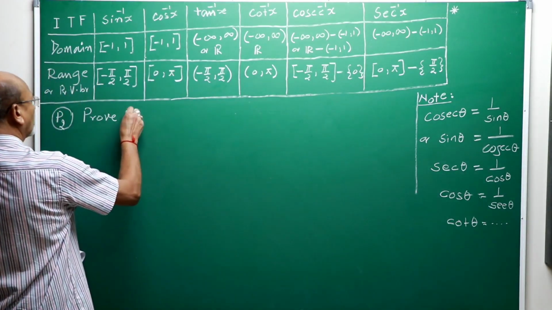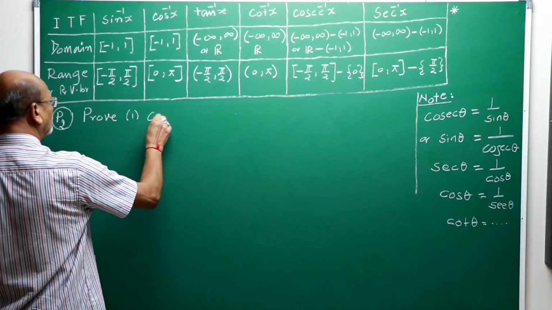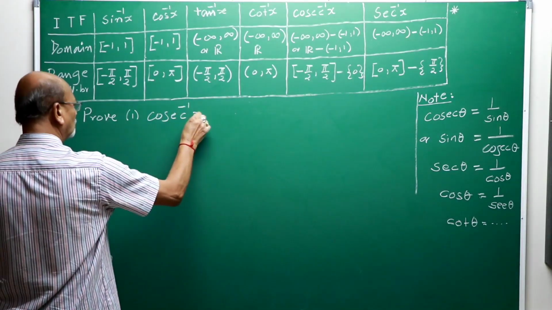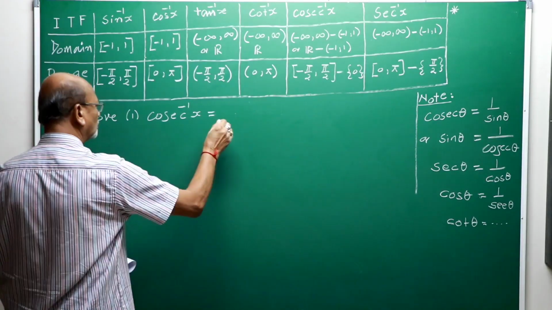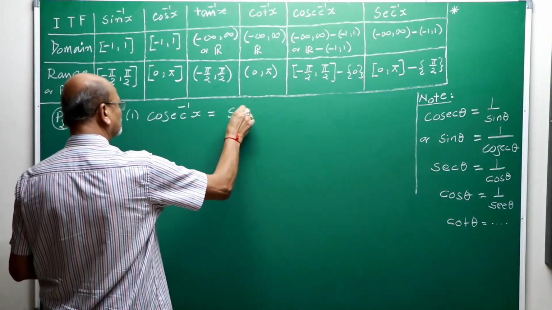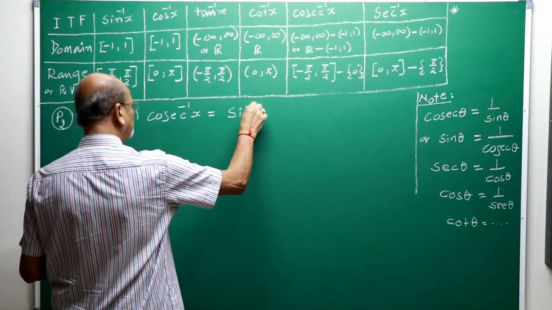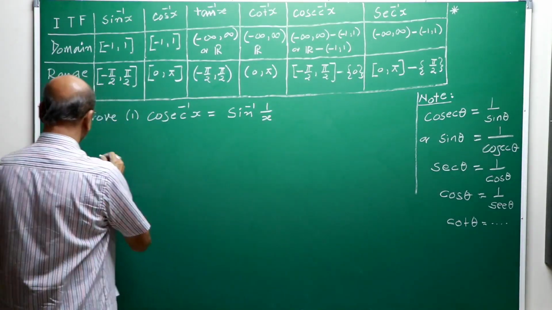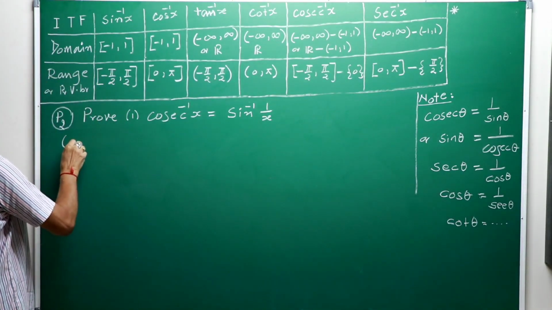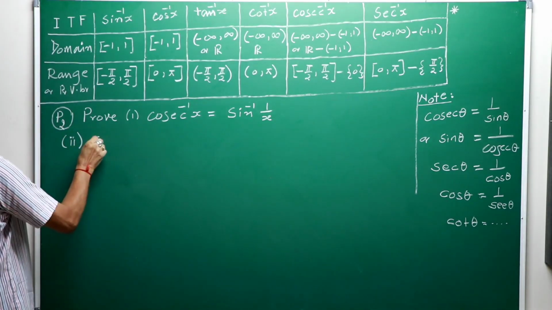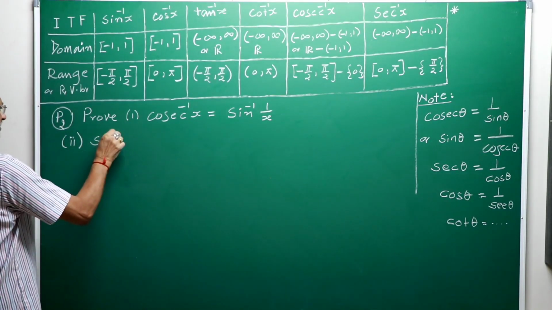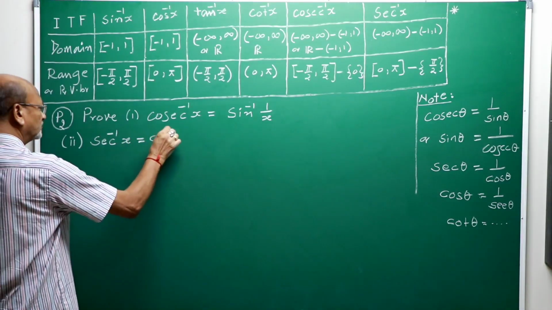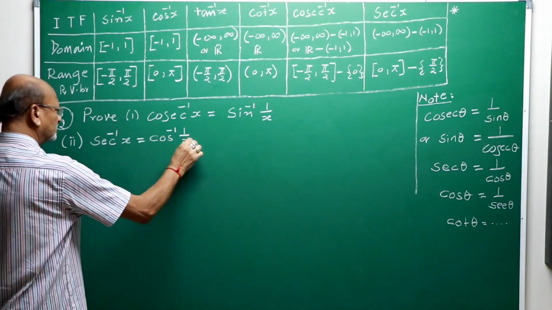Prove one: cosec inverse x equals sine inverse of the reciprocal, 1 by x. Then second, sec inverse x is cos inverse 1 by x.